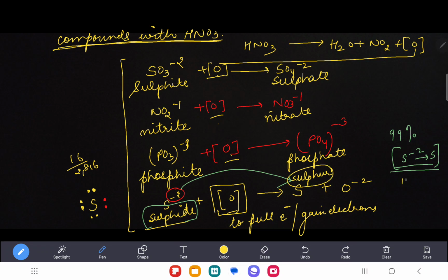Okay, 99%. The 1% reaction, I will explain to you, where S minus 2 will convert into sulfate. But for now, just remember that 99% S minus 2 will convert into sulfur.